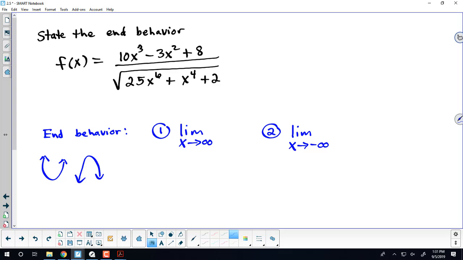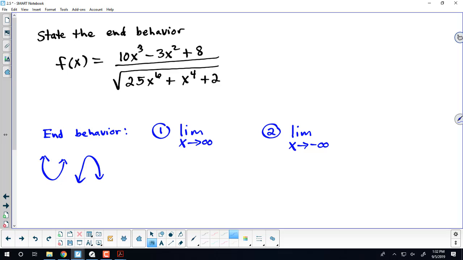Okay. What else? Anything with a horizontal asymptote? For us, we saw that with what kind of function? Polynomial. Polynomial would be these for even degrees. Rational function. Yeah, rational functions, right?